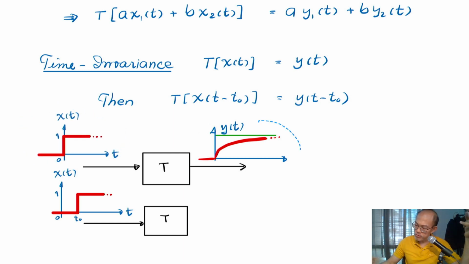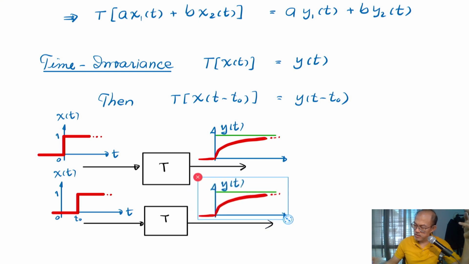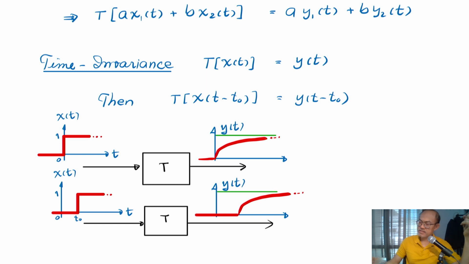The result would also be shifted, and the output signal is exactly the same, except that it is shifted. Just as the input signal is shifted, the output is also shifted by the same amount that we shift the input signal. So if your system has this property for any input and any shift t0, then your system will be called the time invariant system.